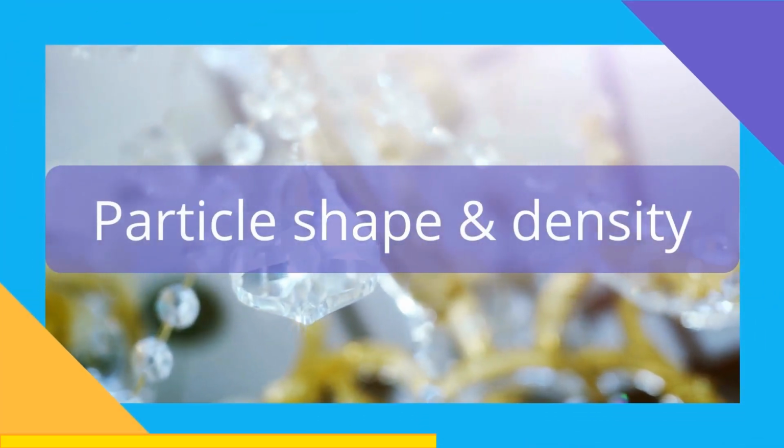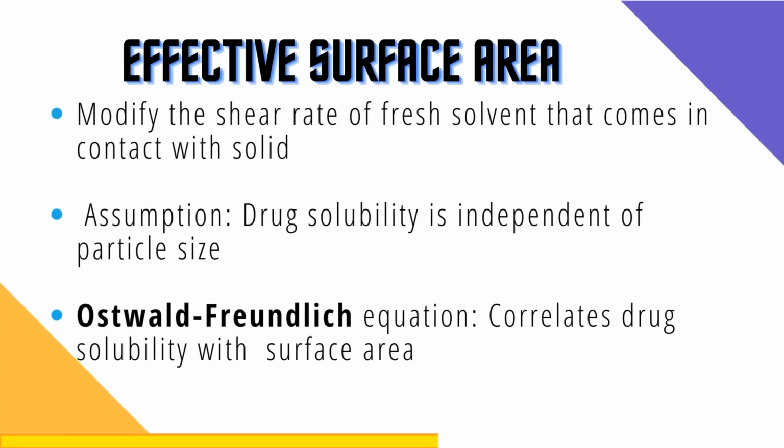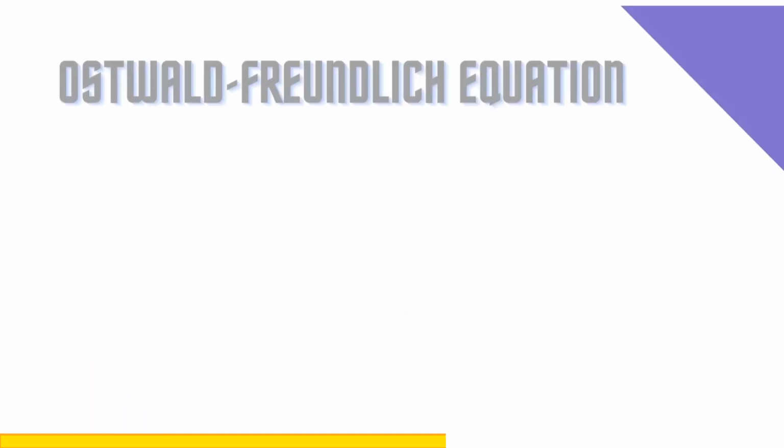Next is about the factor on particle shape and density. Again, back to the concept of effective surface area, so we'll try to modify the shear rate of the solvent that comes in contact with the solid. It is assumed that the drug solubility is independent of the particle size, and it's governed by this equation called the Ostwald-Freundlich equation.